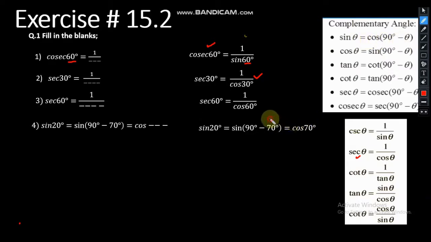Theta means here 70 degree. When we subtract theta from 90 degree, the answer is cos theta. So cos theta means 70 degree.